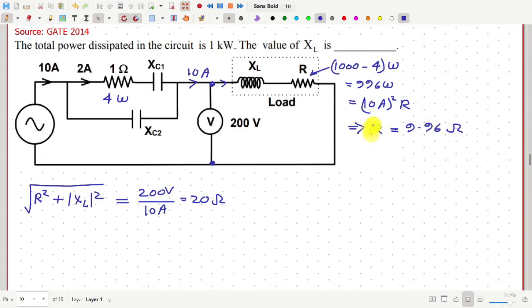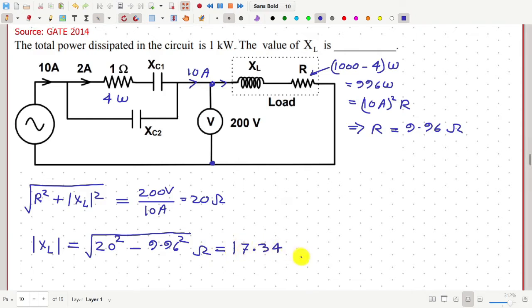Now, if we put the value of R in this expression, we will get the magnitude of XL equal to square root of 20 ohm squared minus 9.96 ohm squared, which is equal to 17.34 ohm.